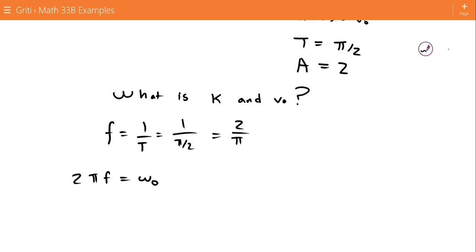So that means our angular frequency is equal to 2 pi times 2 over pi, which is equal to 4.